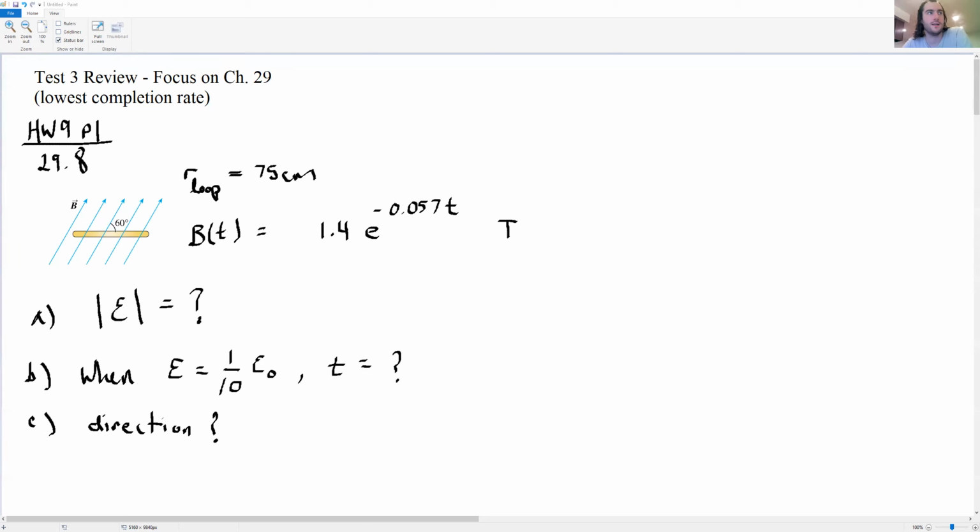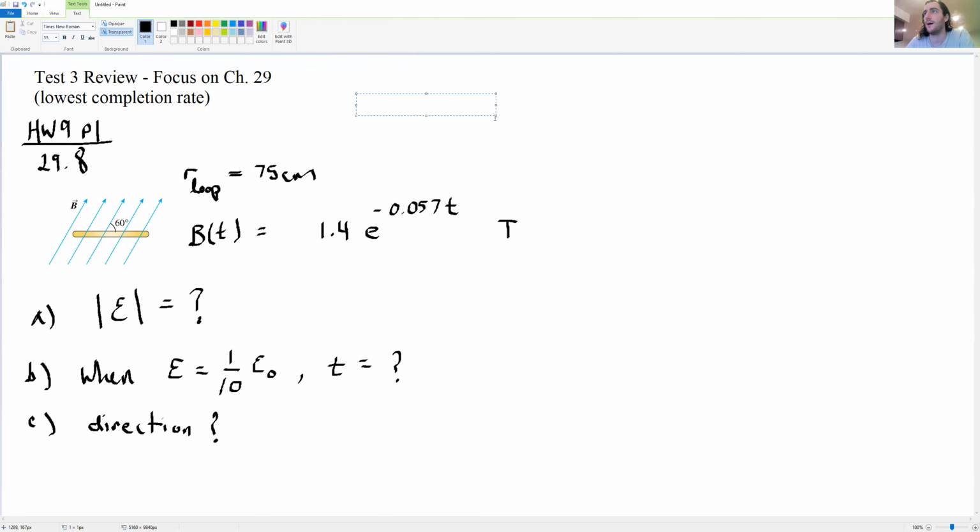This is 29.8 on homework 9 part 1. The question reads, a flat circular steel loop, and I'll actually write the question here as I read it out.